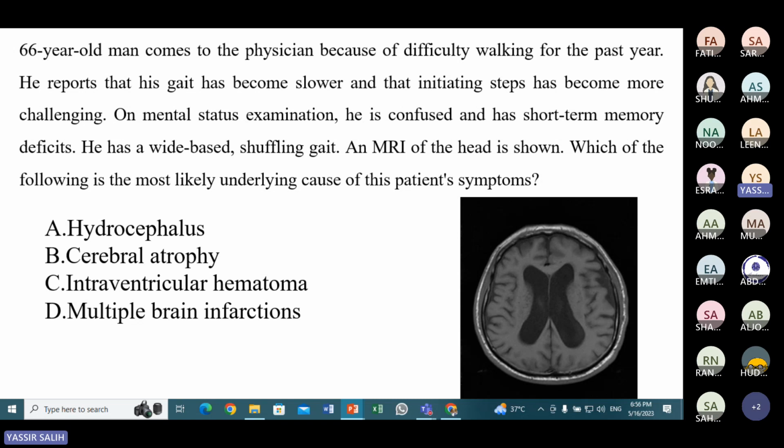What is the correct answer according to the clinical presentation and the image? B. Yes, cerebral atrophy. Any other opinion?